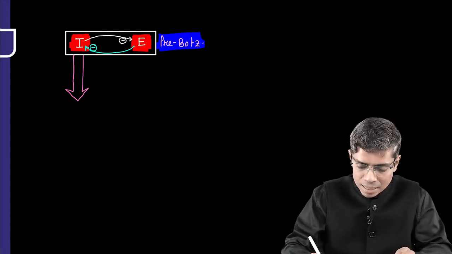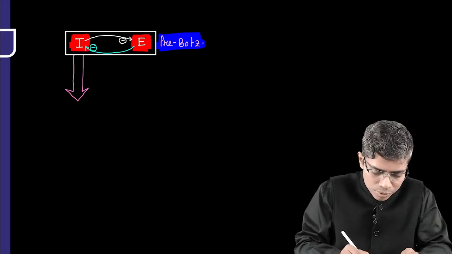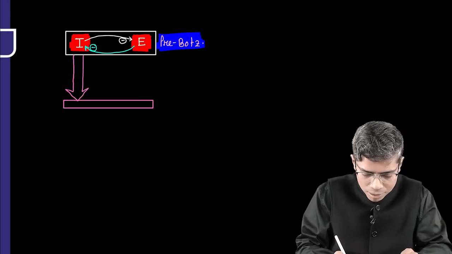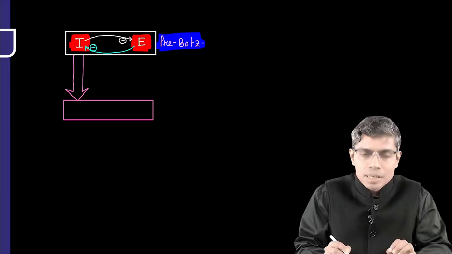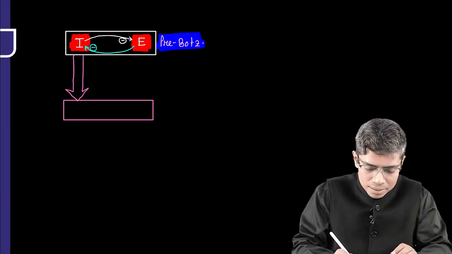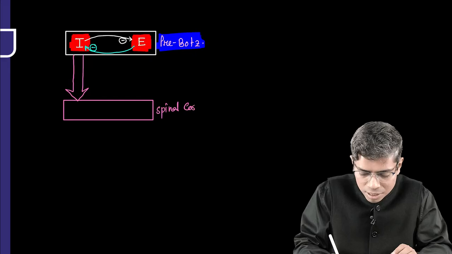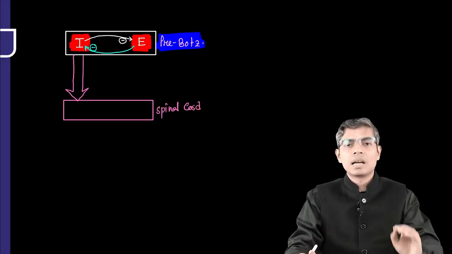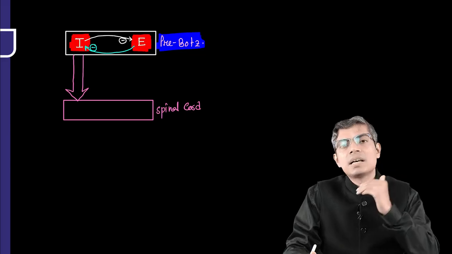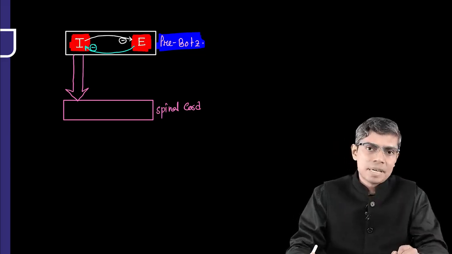So what is happening, I am drawing another box here. So suppose this is my spinal cord, right? So I told you the I neurons are extending to the spinal cord. Which region of the spinal cord are you talking about, sir? I am talking of the cervical region and the thoracic region of the spinal cord.